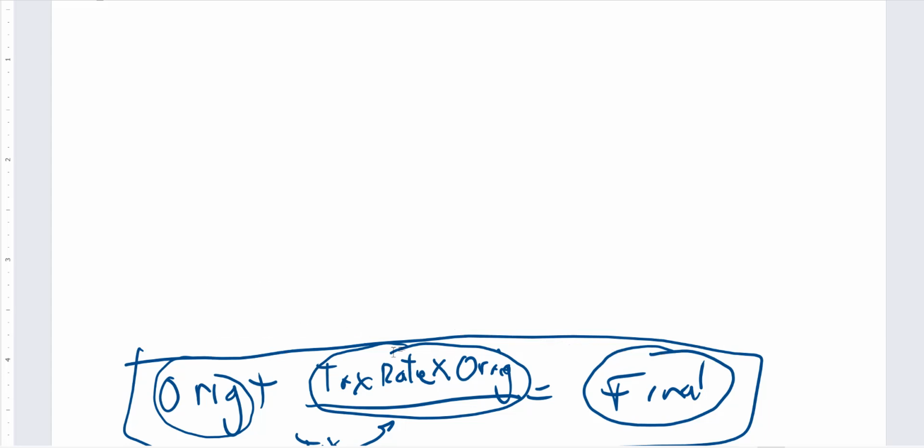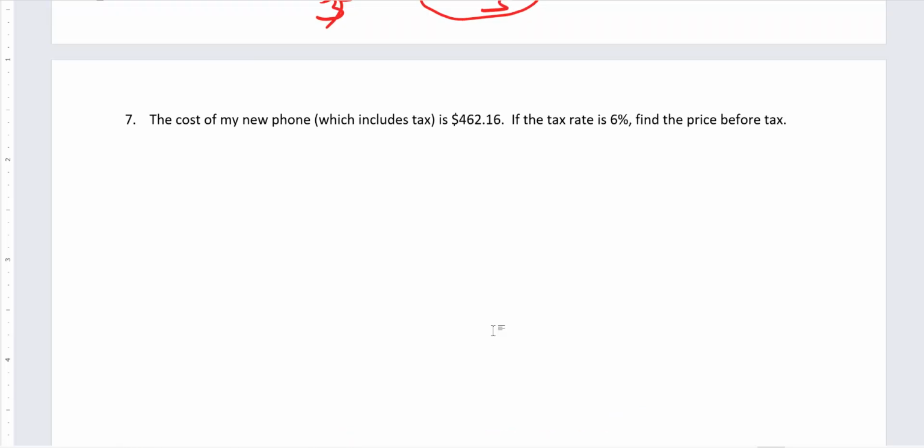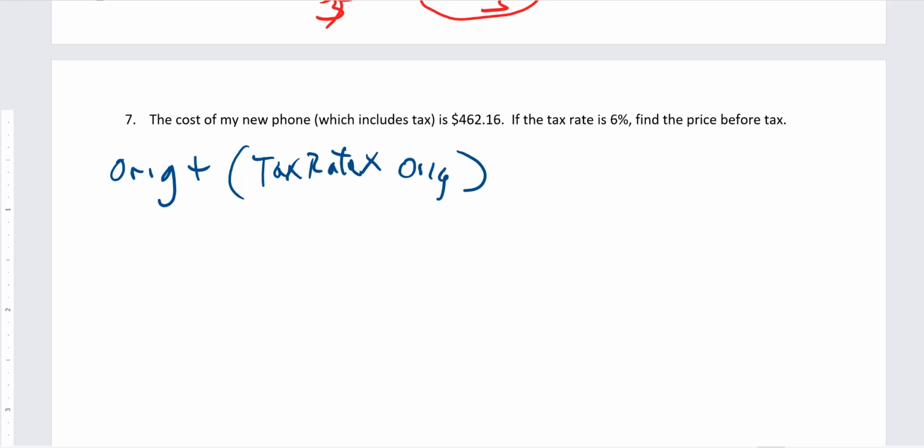Okay, so let me just copy down the formula. The original price plus whatever I get by multiplying the tax rate times the original price will be equal to the final price.